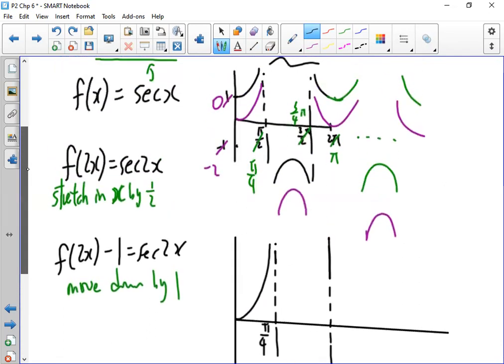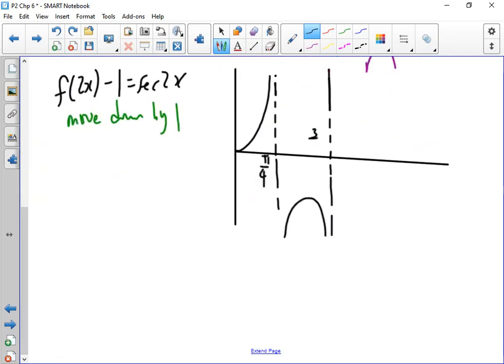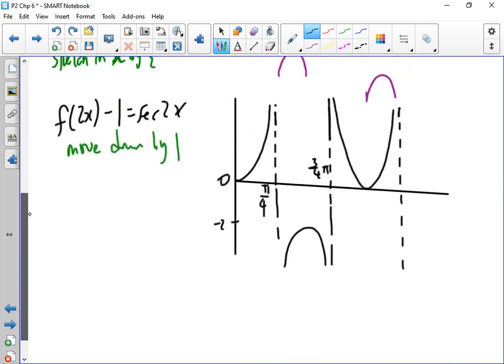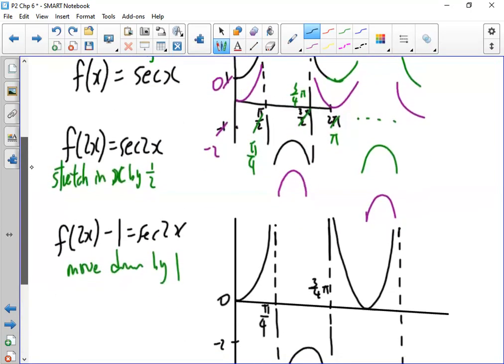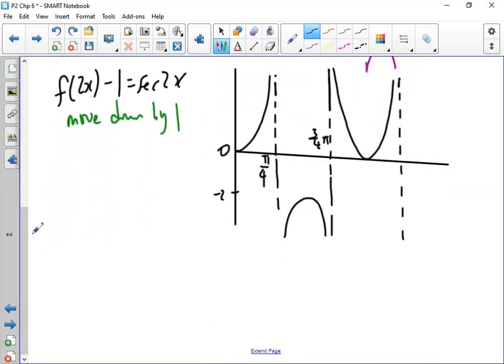So the second asymptote is then 3 over 4 pi. Okay, next, oh, this by the way is minus 2, 0. And then we have another one that looks like this. The next one will be 5 pi over 4.